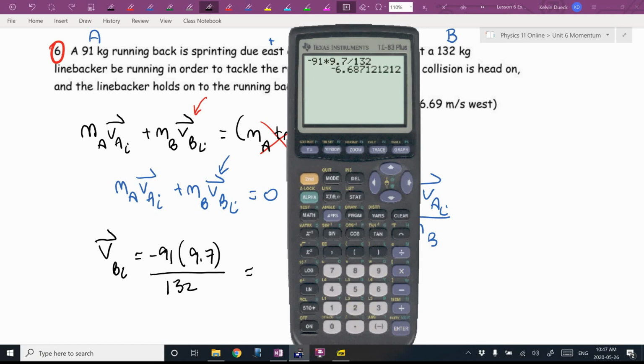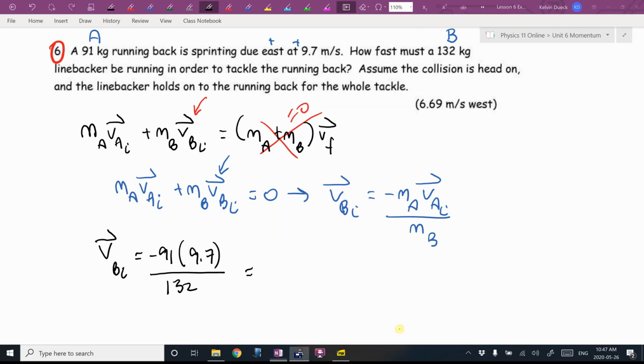And I get negative 6.69. And negative is west, so 6 points. Boy, I'm having trouble writing today. 6.69 meters per second west.